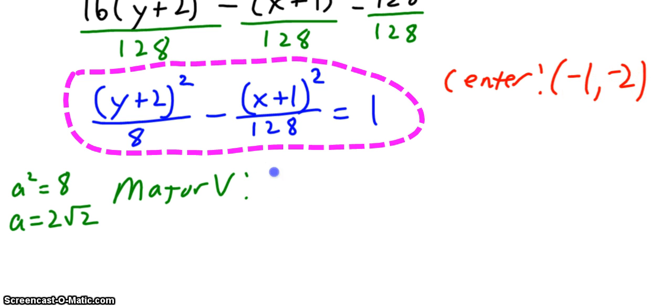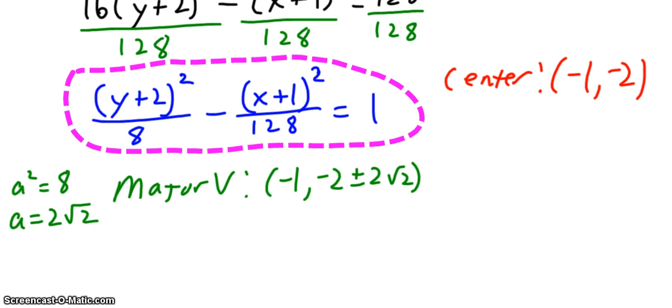So we'll have -1, comma, -2 plus or minus 2 root 2. I know b squared is 128, so b is going to be 8 root 2.